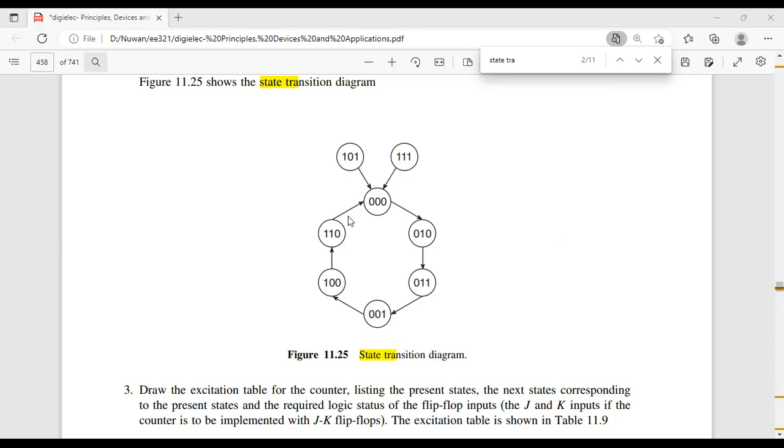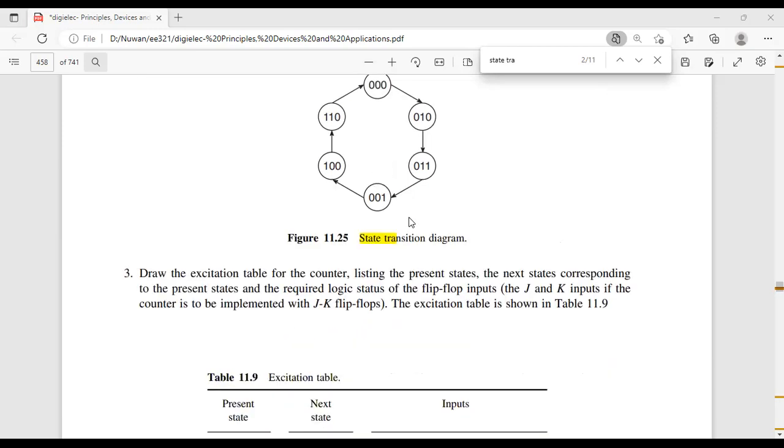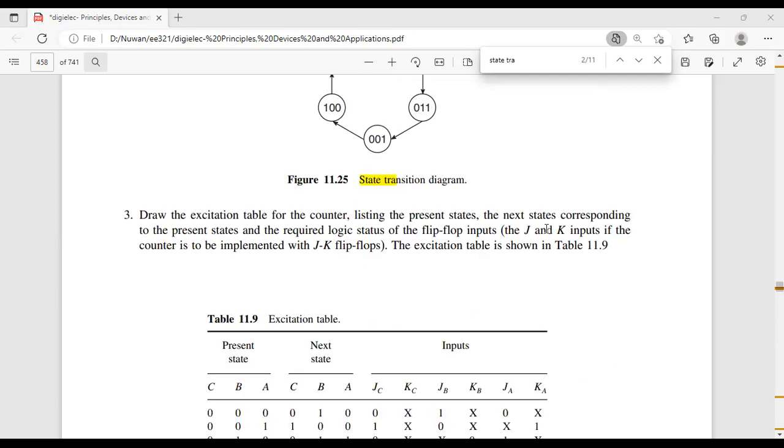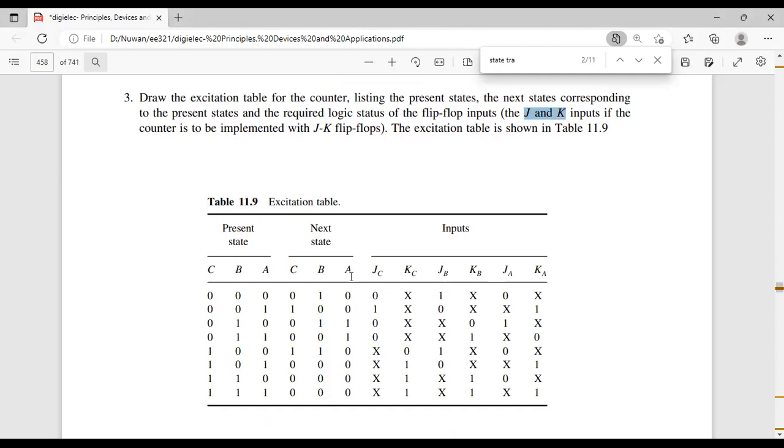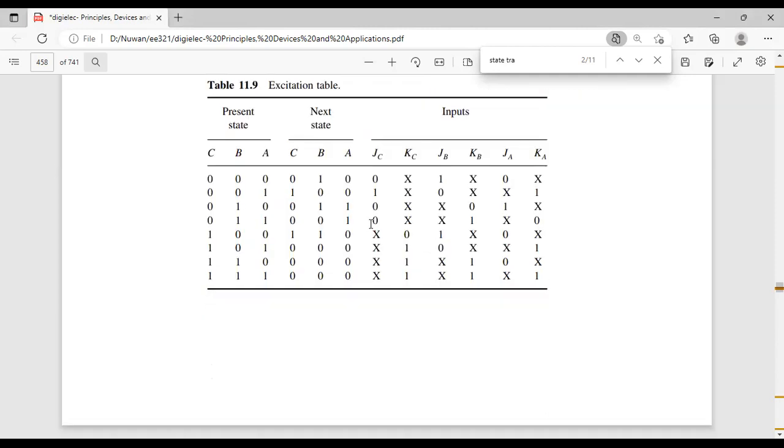So this kind of state transition diagram you have to construct for your question. Then most probably you have to use negative edge triggered JK flip-flops. So you can construct the excitation table. Then using the excitation table, you can get the circuit.